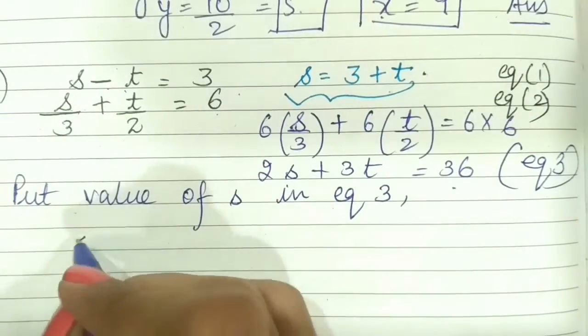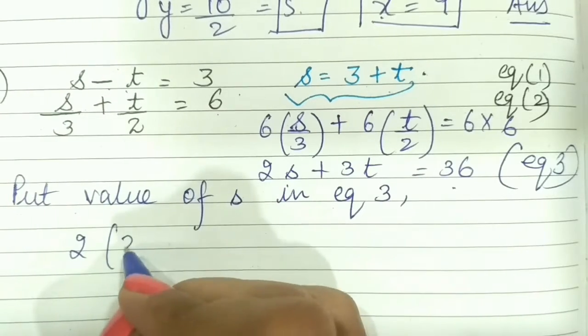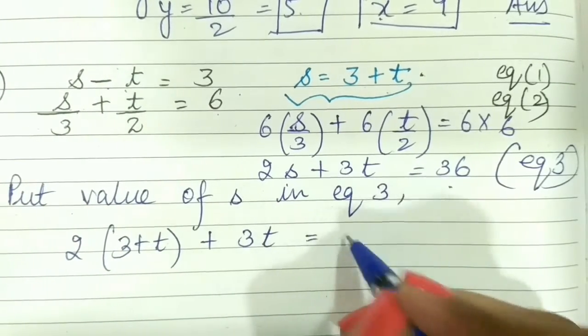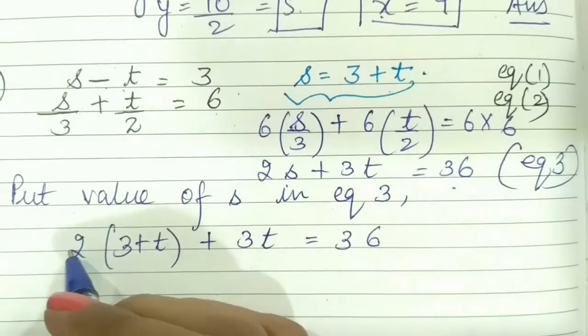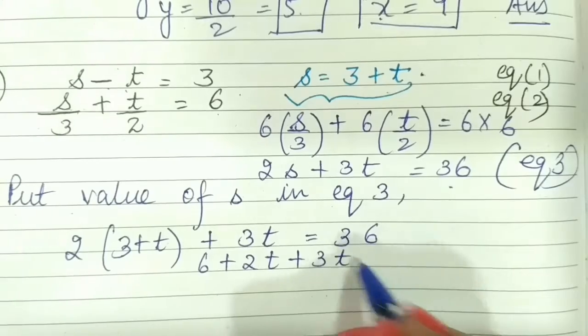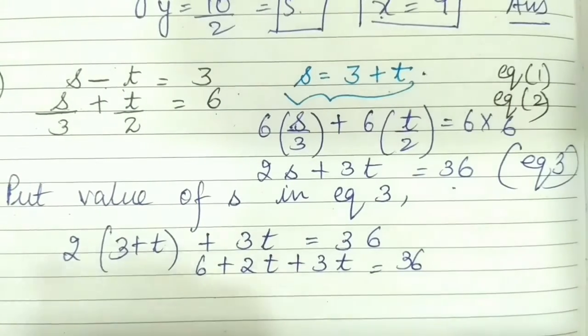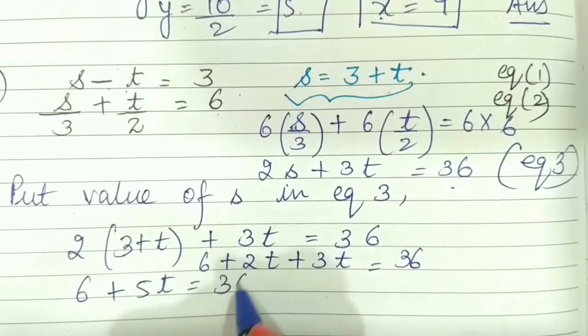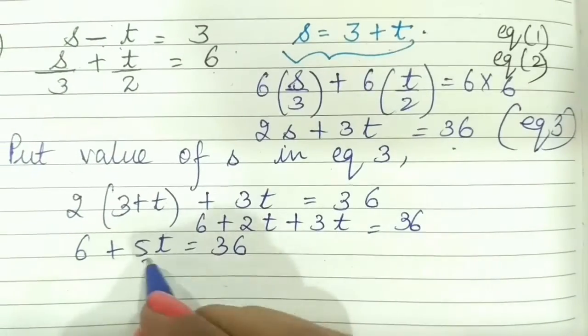So it will become 2 times 3 plus t plus 3t equals 36. 2 3s are 6 plus 2t plus 3t equals 36. 6 plus 5t equals 36.